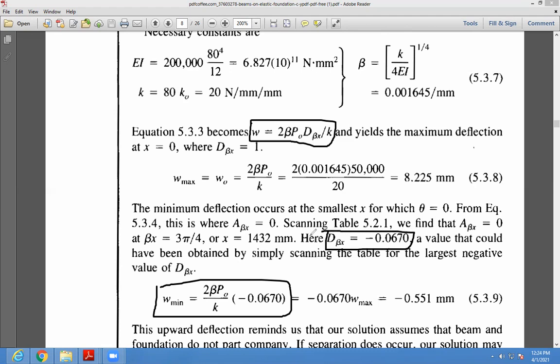So write down, minimum deflection W minimum is equal to 2 beta P naught by K into d beta x, right?